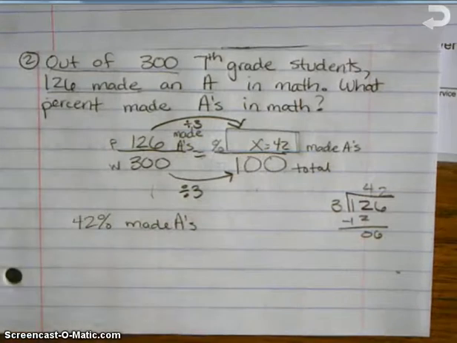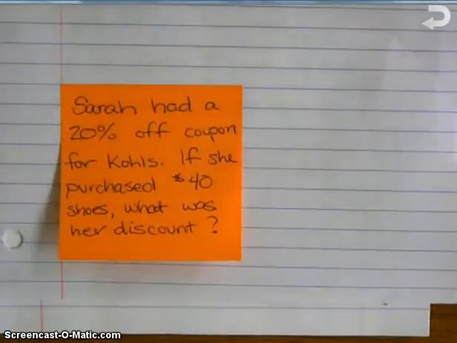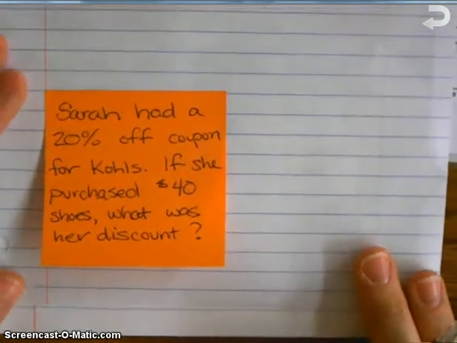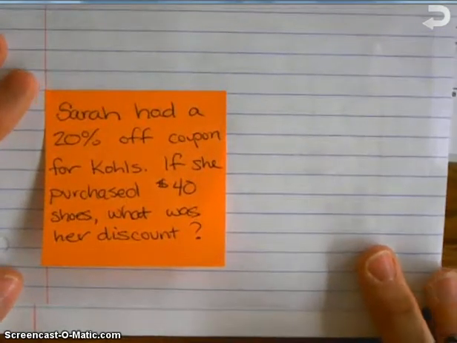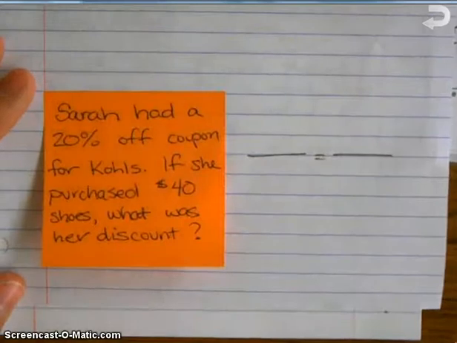Okay, I've got one for you to practice. Sarah had a 20% off coupon for Kohl's. If she purchased $40 in shoes, what was her discount? I'm going to help you set this one up, but I would like you to pause and set it up for yourself. Set up the generic.